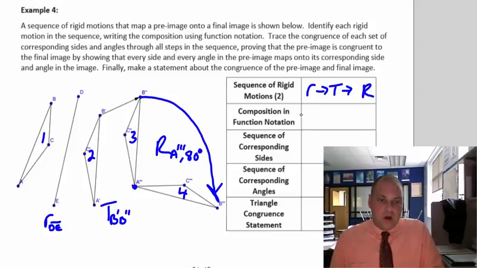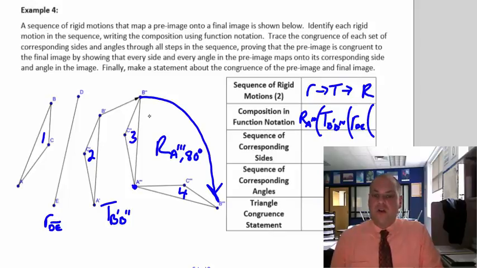So we're going to write R, rotation, A triple prime, of parentheses, what was next? The translation, B prime, B double prime, of reflection DE, of triangle ABC.